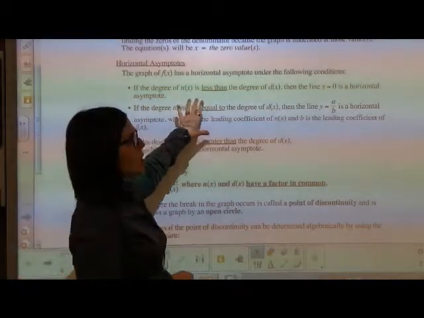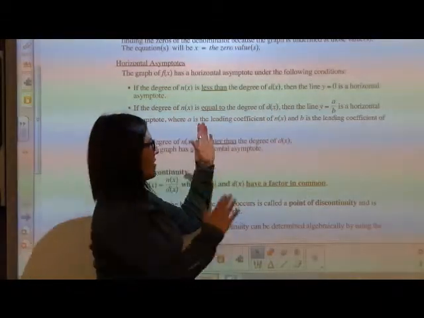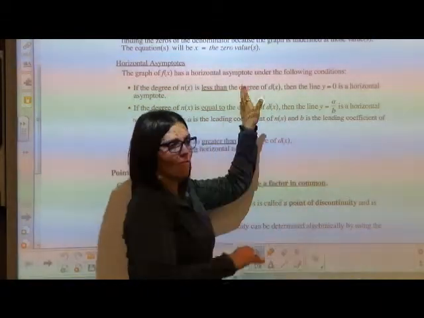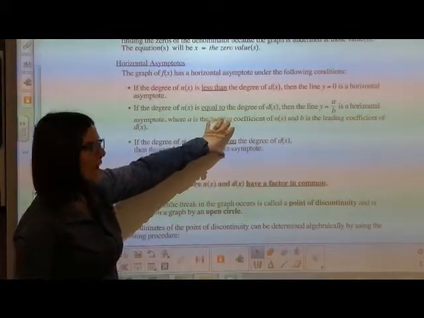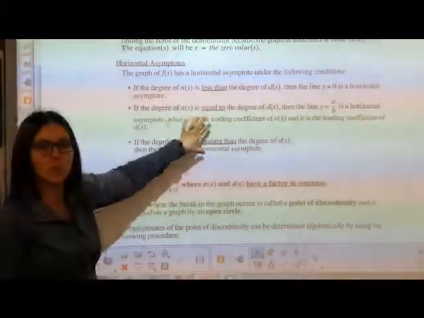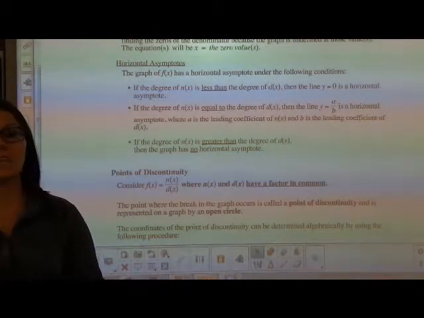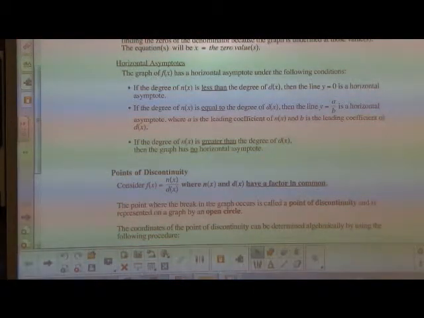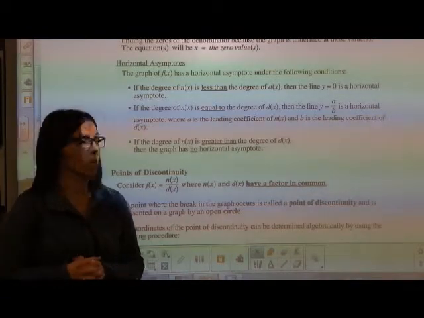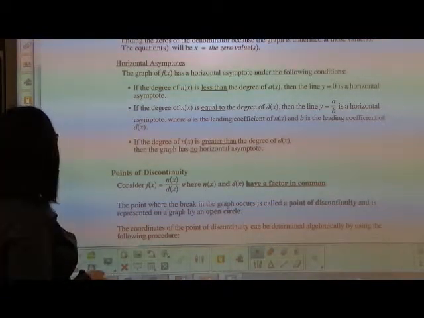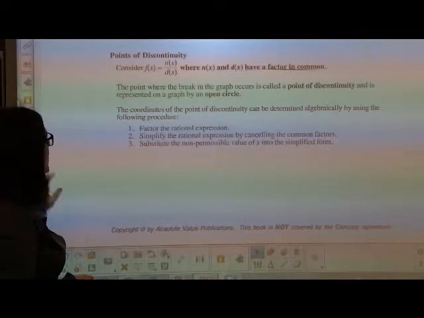So in that example we looked at yesterday, on the right-hand part of the graph there was no asymptote, but on the left-hand part there was an asymptote of 1/2. And then if the degree of the top is greater than the degree of the bottom, there is no horizontal asymptote.